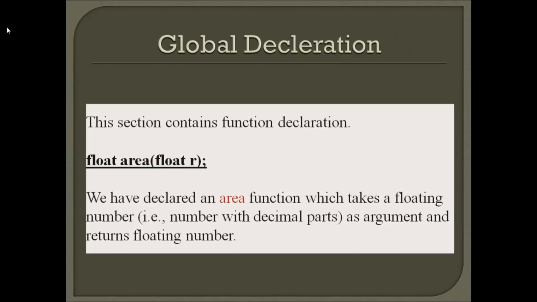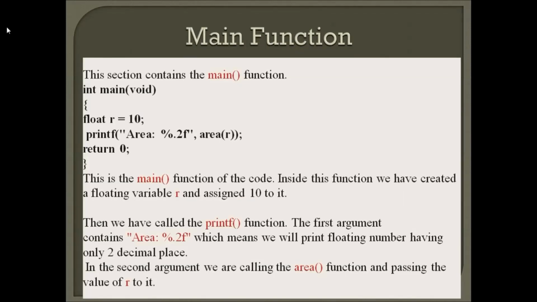So understood, guys? Next is the main function. Whatever C program you take, the execution of the C program starts from the main function. You can see in our program the main function consists of a local variable r with the value assigned to 10, and it contains a program statement, that is printf.